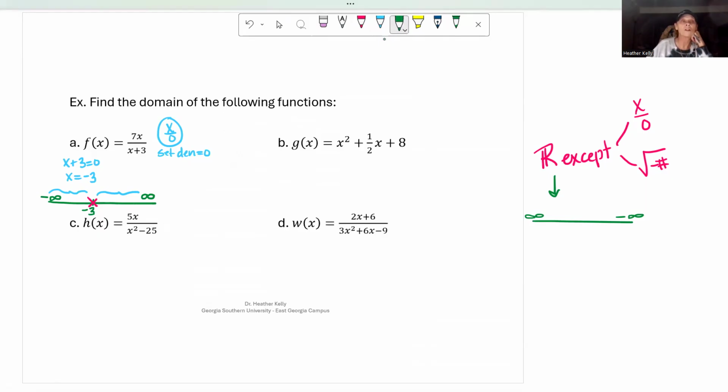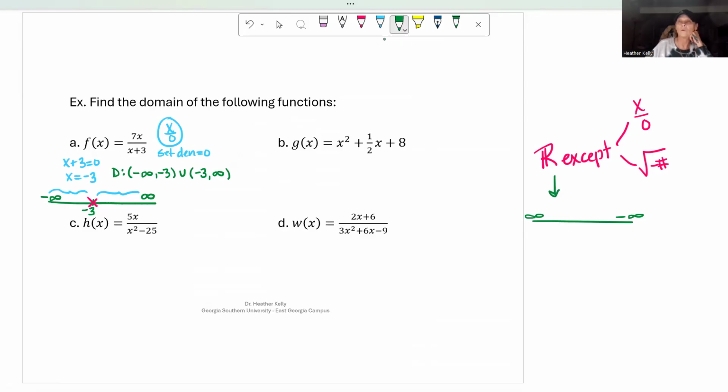And we write our domain in interval notation. So our domain here is going to be from negative infinity to negative 3. It can't be equal to negative 3. Open parenthesis, union from negative 3 to infinity.